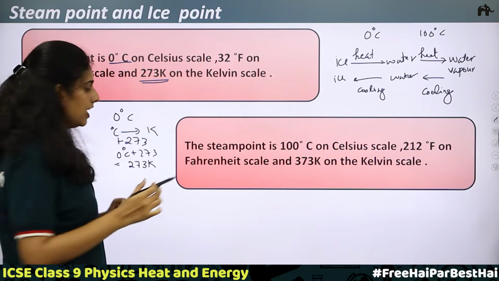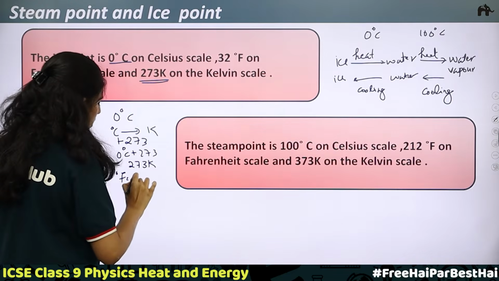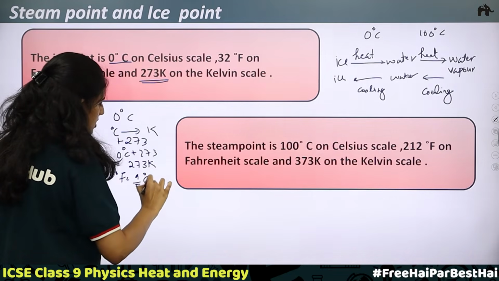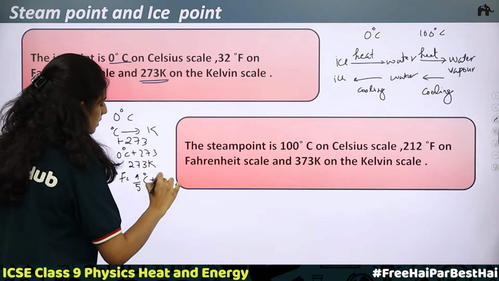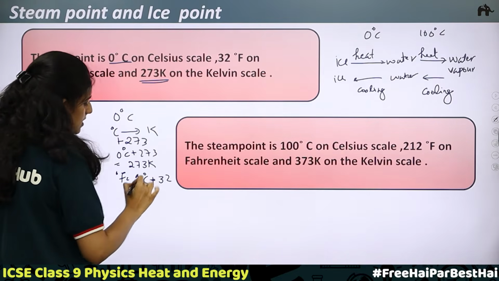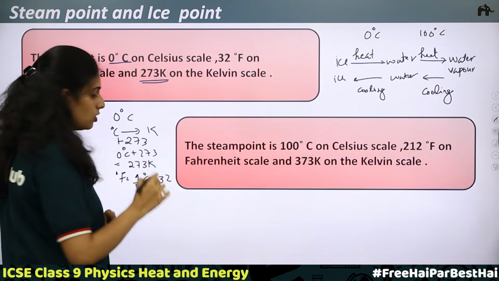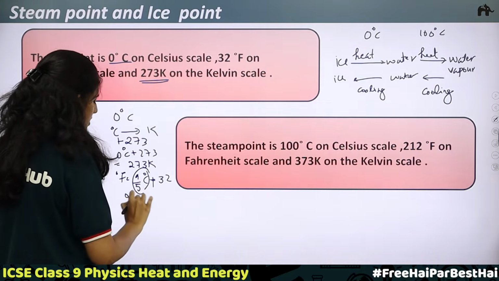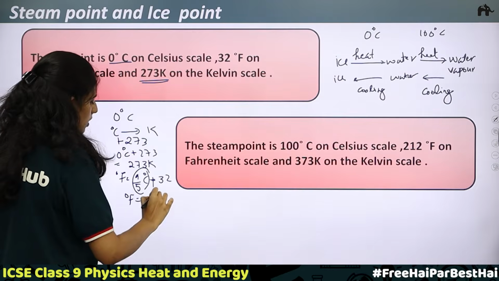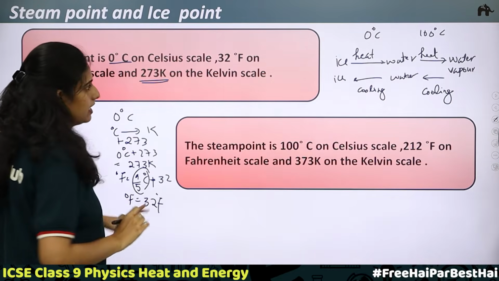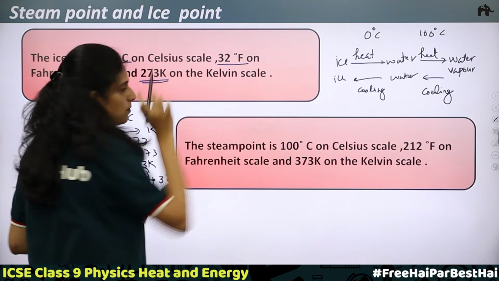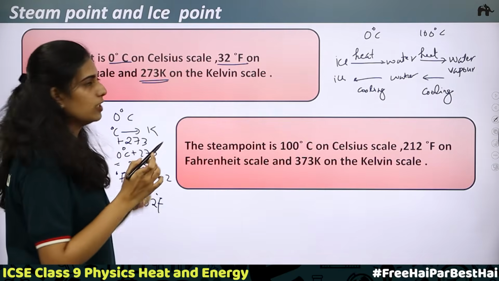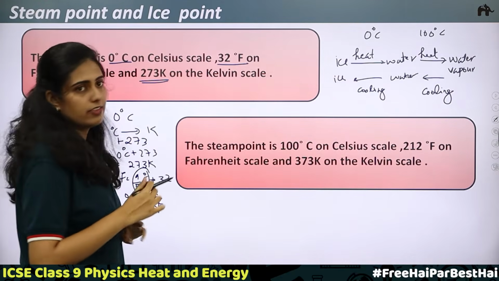Now, what about Fahrenheit? Degree Fahrenheit is equal to 9 by 5 times degree Celsius plus 32. Degree Celsius is 0, so the 9 by 5 into 0 part gets removed, and you have 32 degrees Fahrenheit. So the ice point is 0 degrees Celsius, 32 degrees Fahrenheit or 273 Kelvin.